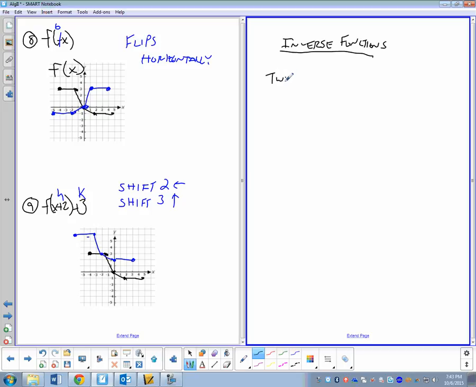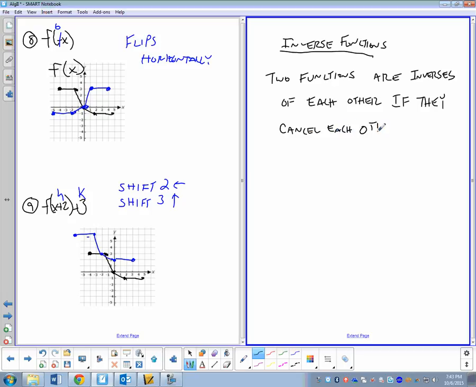Inverse functions. Two functions are inverses of each other if they cancel each other out.